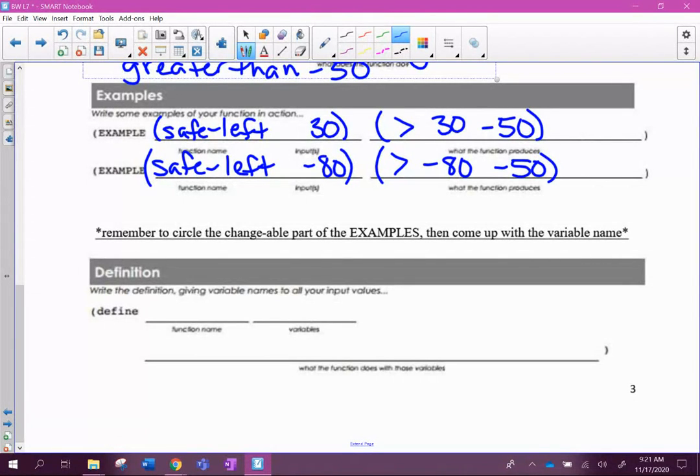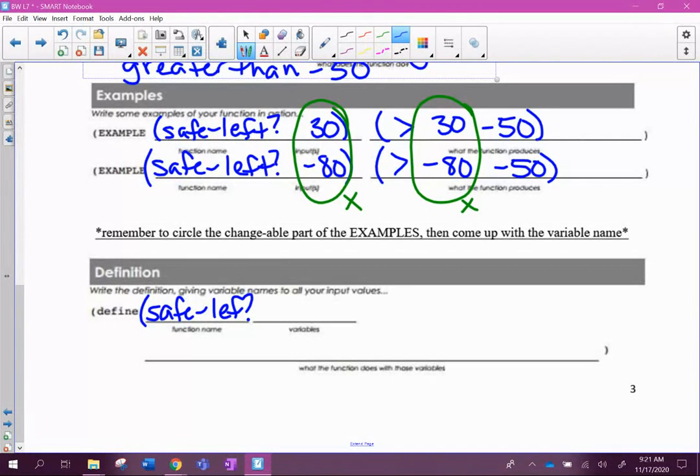Okay. So we have to circle the part that's changing, which is our two numbers here, and give it a label. These numbers represent the x coordinate of Sam. So let's just call it x. So my definition, we are defining safe left as x, that's my variable.